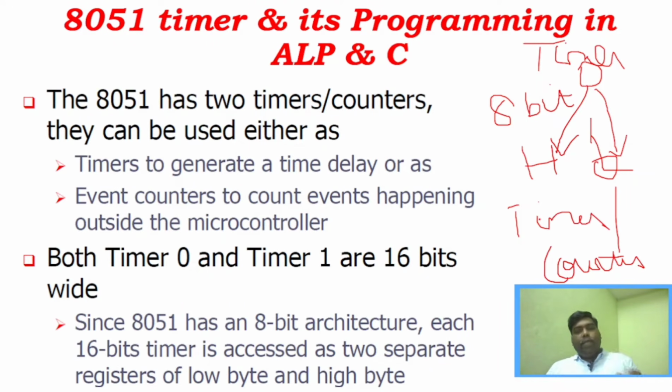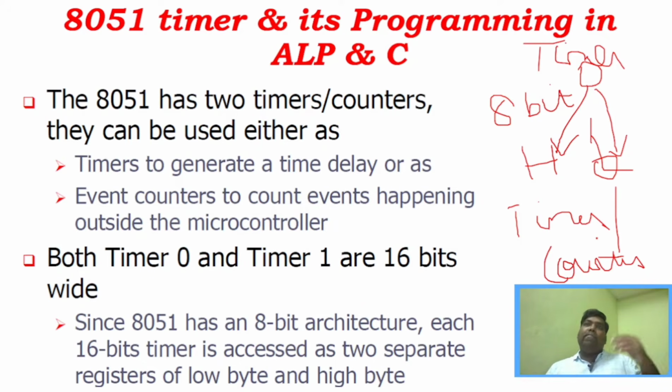So if 8051 uses the internal clock cycle, then it will work as a timer. When it is working as a timer, it will generate a time delay. It will count the number of clock cycles inside the 8051, right?